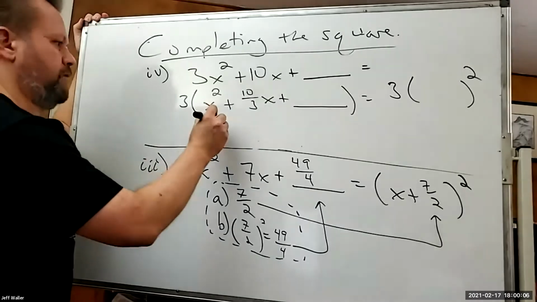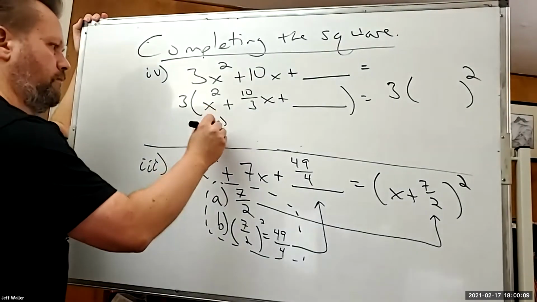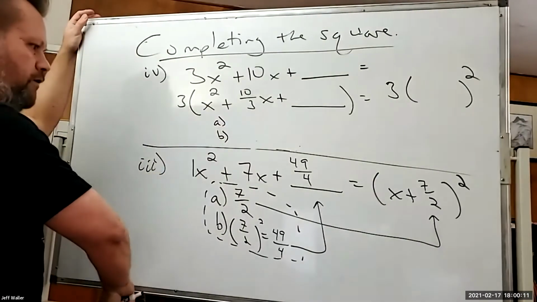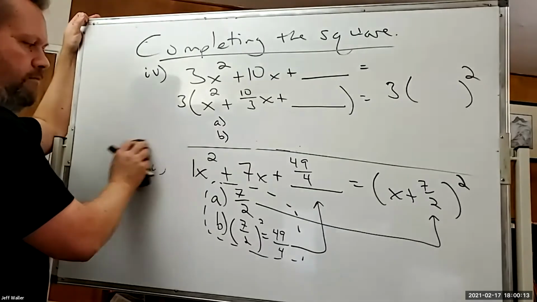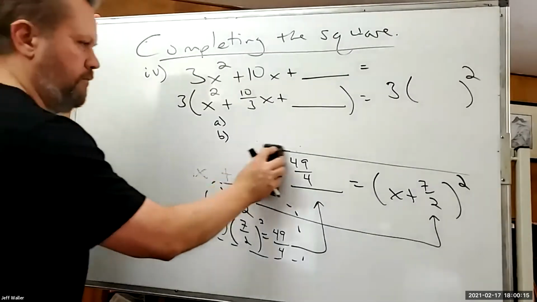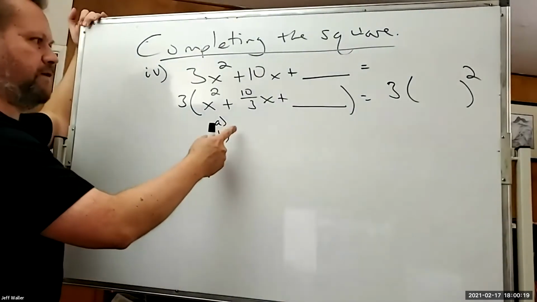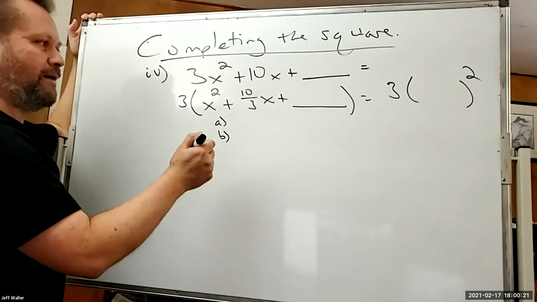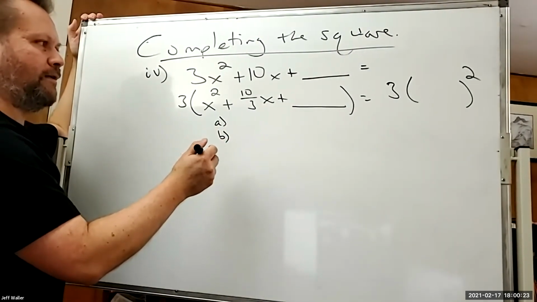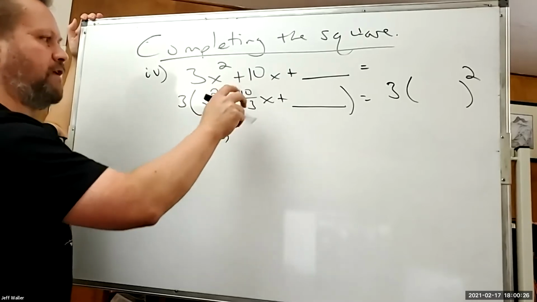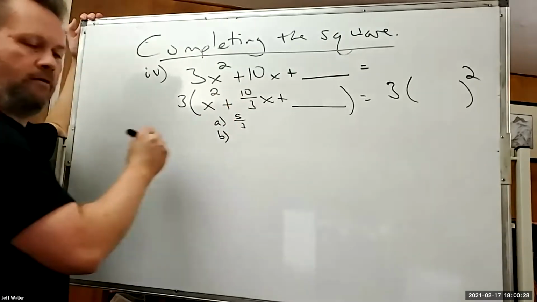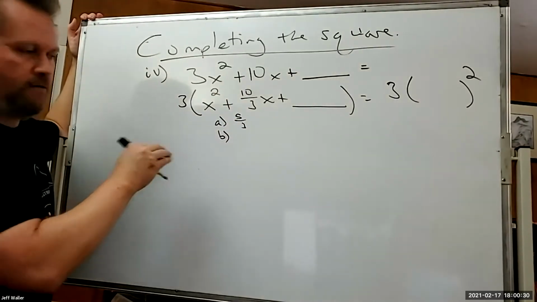So what are my 2 steps? I'm going to erase this down here. What's the first step? Take 10/3 divided by 2. Yeah, so half of 10/3 is 5/3. Let me write this bigger.